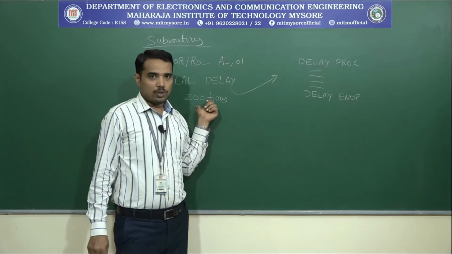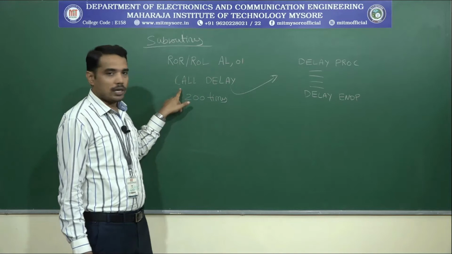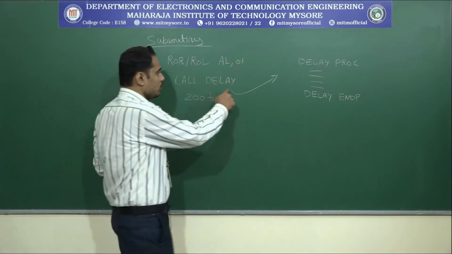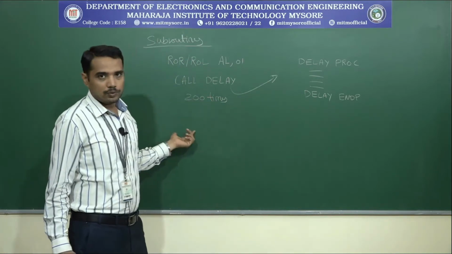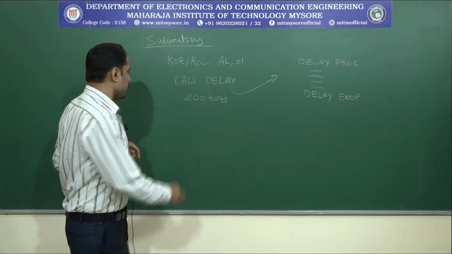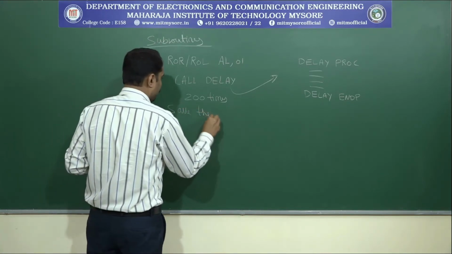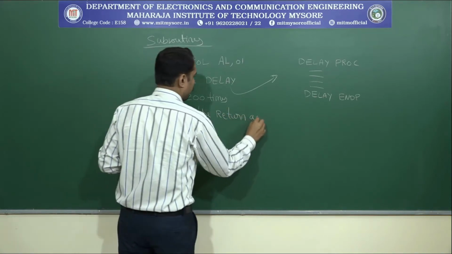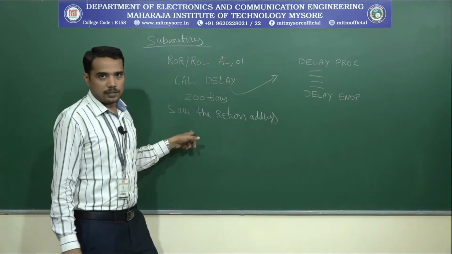While calling the subroutine, what happens? As soon as you call the delay, before branching to the subroutine program, the processor will save the return address. Why do we have to save the return address?